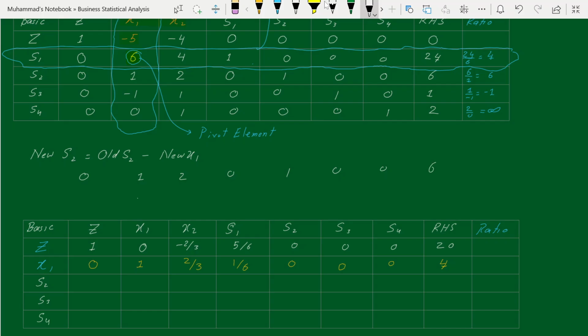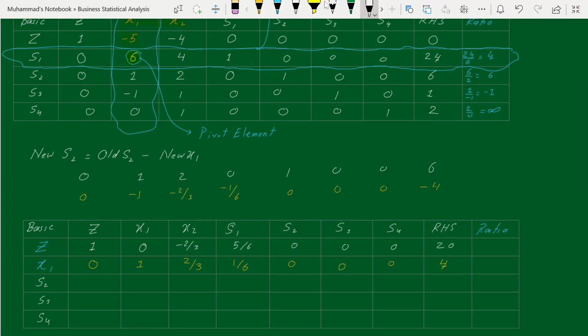Okay, so now we can directly write down this equation, because we have to just subtract 0 minus 1, minus 0, it cannot be 0, so I multiply minus with the 1, 1, minus 2 by 3, minus 1 by 6, 0, 0, 0, and minus 4. Okay, so now from here we can write down the new S2 directly.